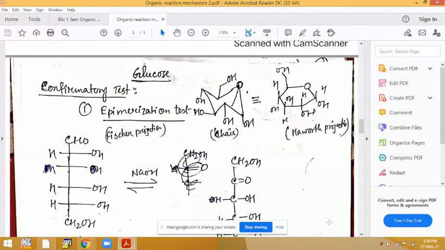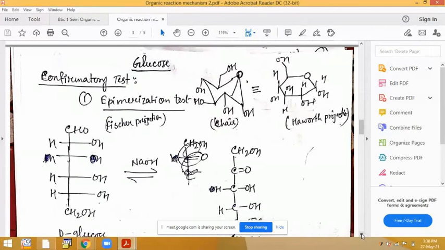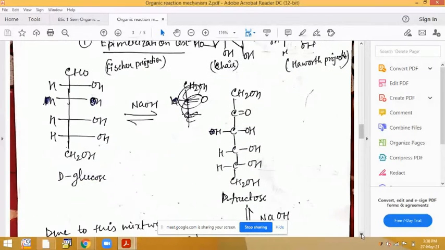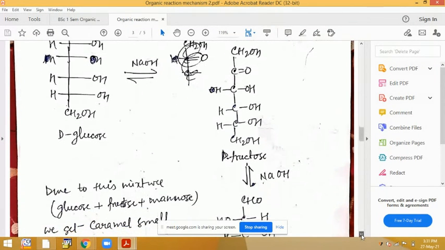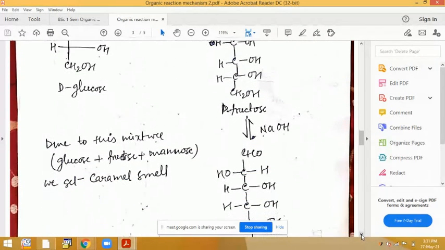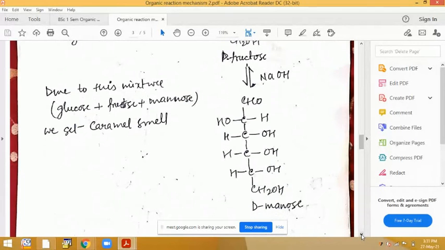So in the epimerization reaction, when we add NaOH, glucose forms D-fructose, whose structure is CH2OH, C double bond O, that is, the aldehyde form becomes a ketone group, and it is called fructose. Again, this fructose may react with NaOH and form D-mannose.